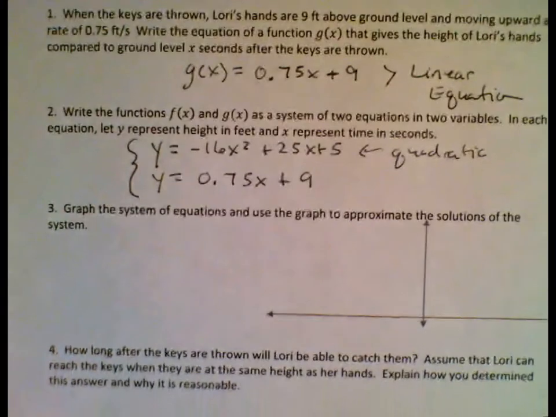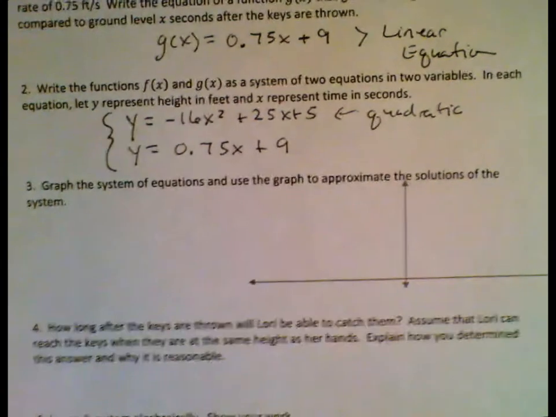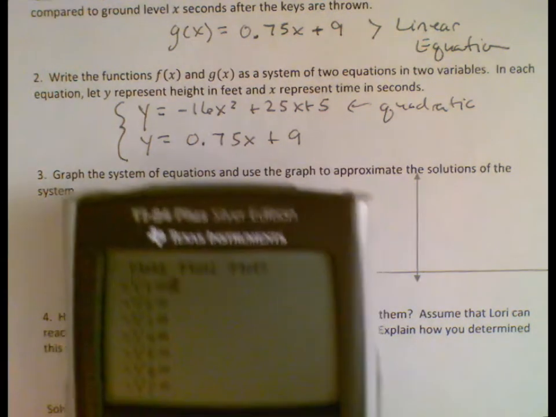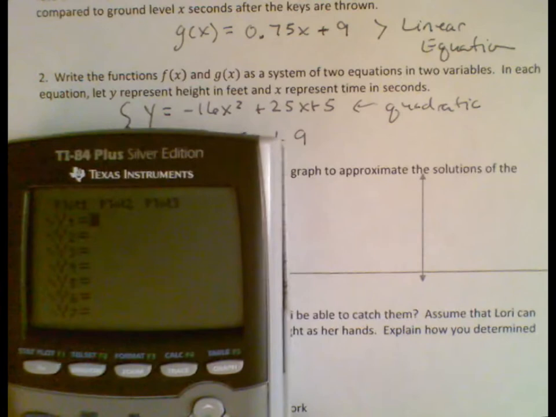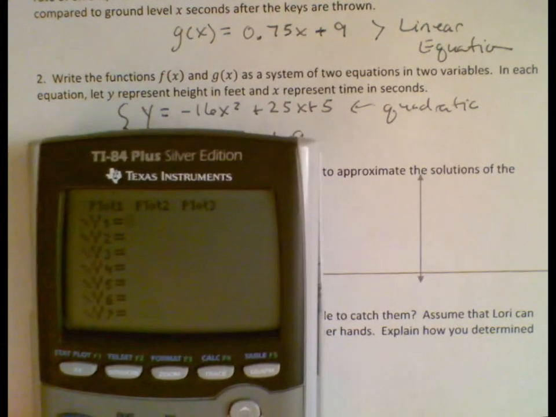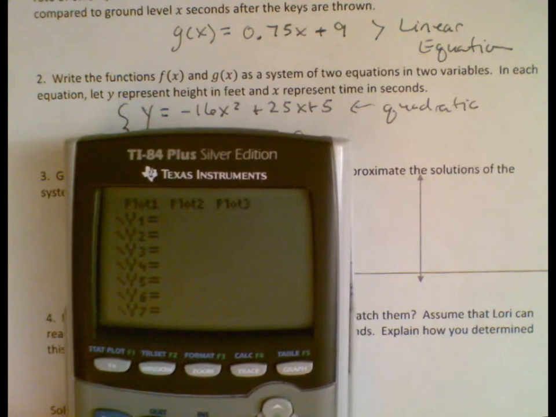Okay, now we're going to graph this. Now I'm going to attempt to put my calculator under here so you guys can see what I'm doing. I don't have the fancy calculator that Mrs. Thomas uses. So I'm going to plop it in here, and I am going to put in my two equations.